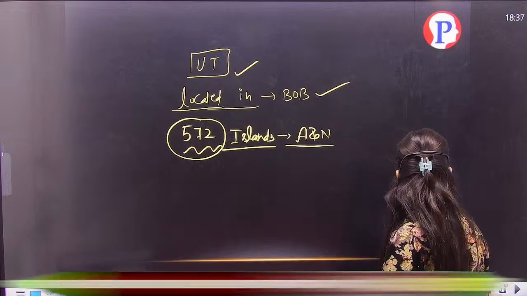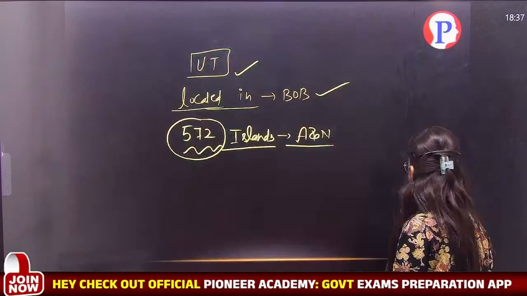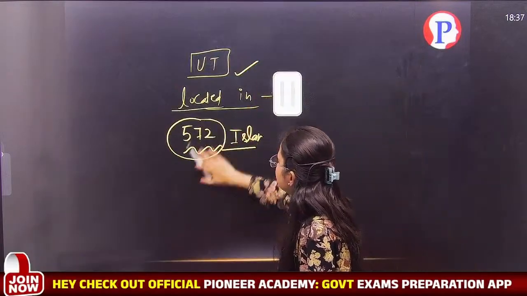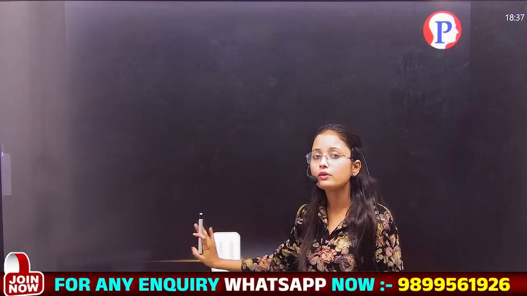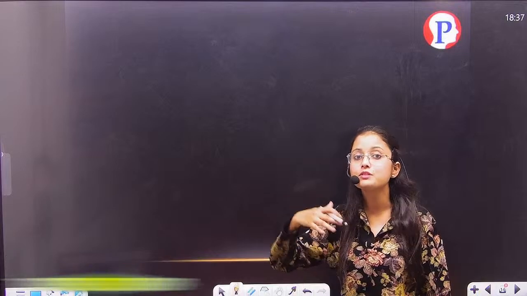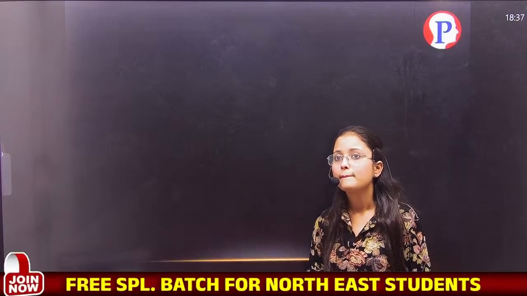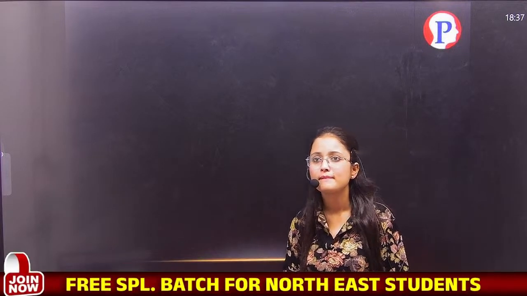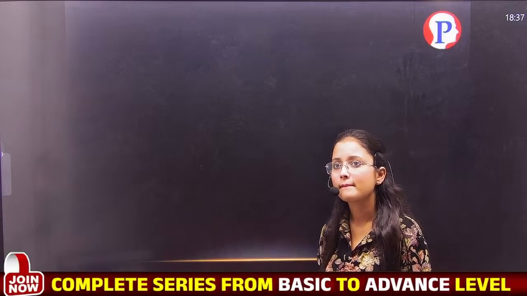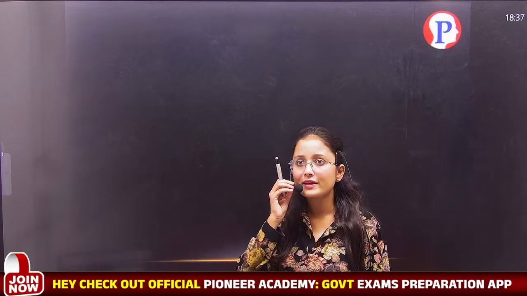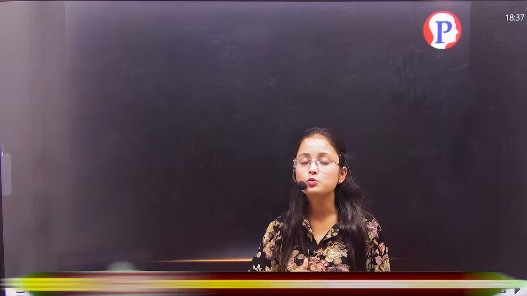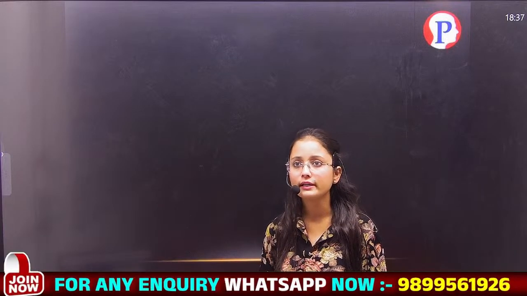Now we will learn the names of these islands. We do not have to learn about all 572 islands. Yes, Preeti, it is very necessary: an island has to be separate from a continent.